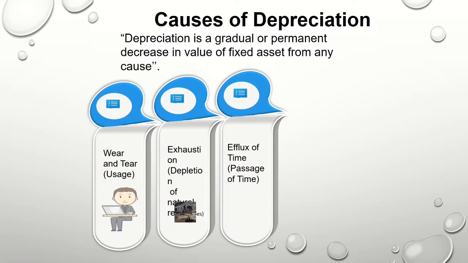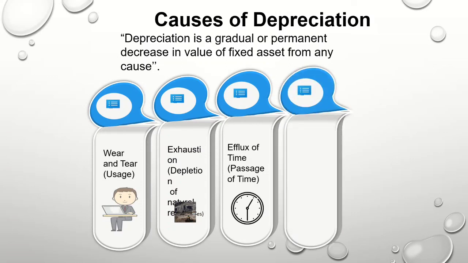The next cause is obsolescence, that is, becoming outdated. The value of fixed assets used by the enterprise gradually decreases in the market in case a new upgraded version of the asset with better technological advancement is present in the market, providing more benefits to the customer in comparison to the old obsolete version of the asset.